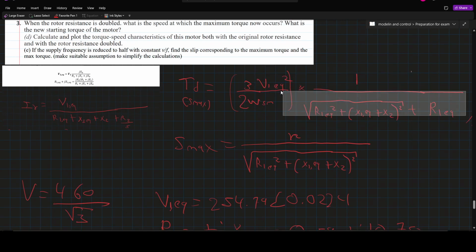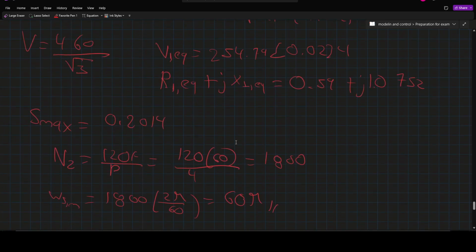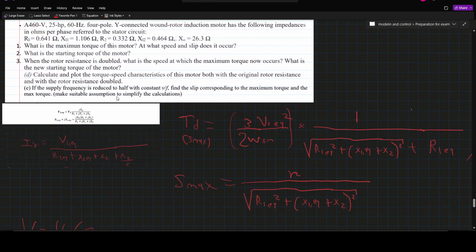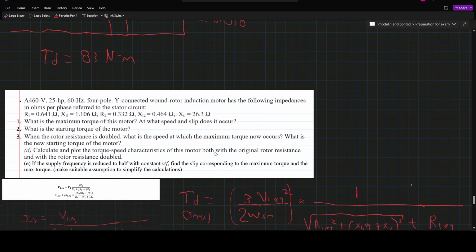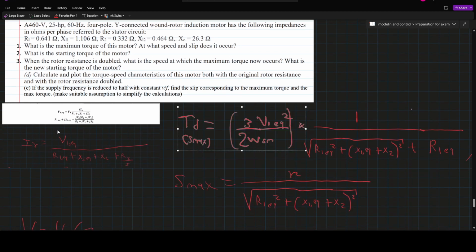We don't have R2 in the formula for maximum torque, so it doesn't change. I know this exercise wasn't much, but now that we have developed all the formulas, it's just plugging in the values.